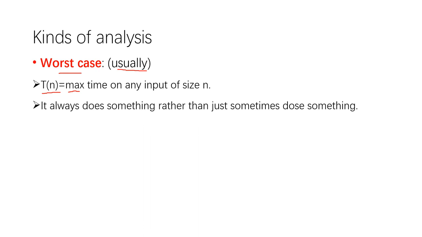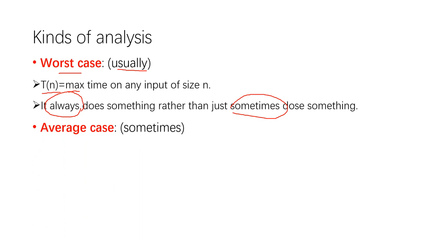If we try to explain the worst case in our own language, it means it always does something, rather than just sometimes. So always means a guarantee or promise, right?